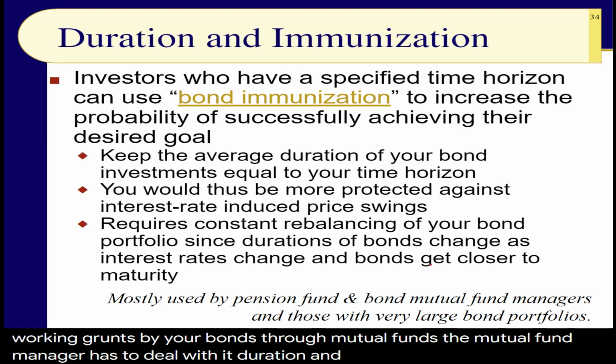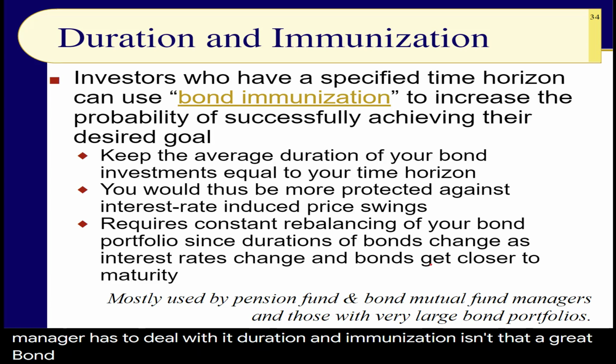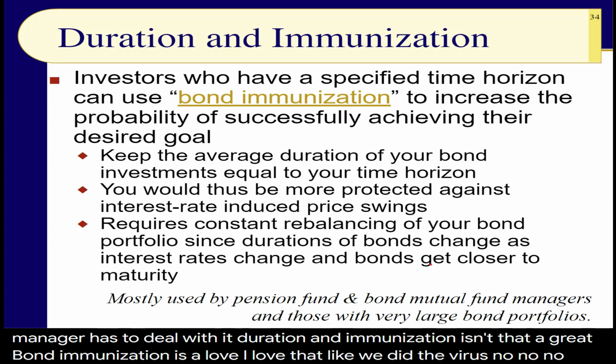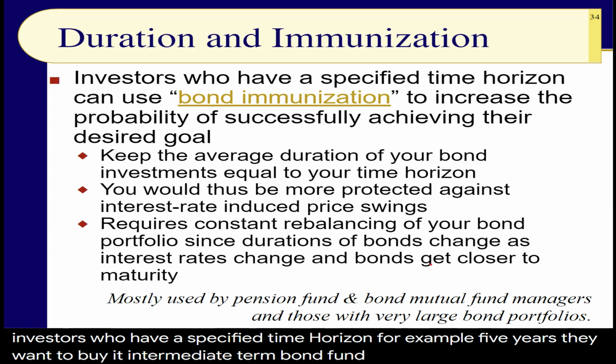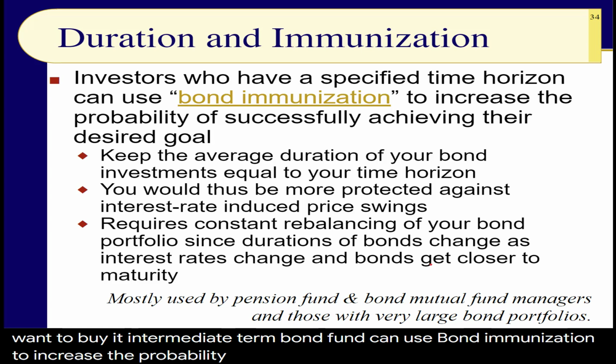Duration and immunization. Isn't that a great name, bond immunization? I love that. Like the virus? No. Investors who have a specified time horizon, for example, 5 years, who want to buy an intermediate term bond fund, can use bond immunization to increase the probability of successfully achieving their desired goal.